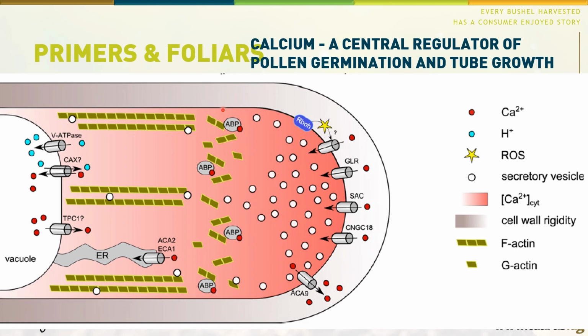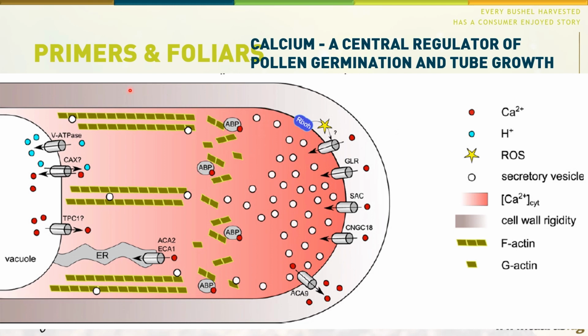And here we have an expanded view of it, and we can see that the calcium, which is depicted by the red, is very intense at the tip, and then some of it is stored back here in the vacuole, and there's all kinds of activity going on here at the tip where nutrients are coming in and stuff is moving out, and there are even reactive oxygen species here that it's having to deal with, and calcium ions that are moving about.